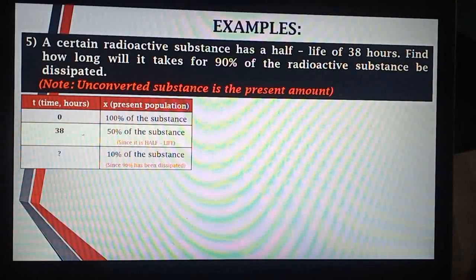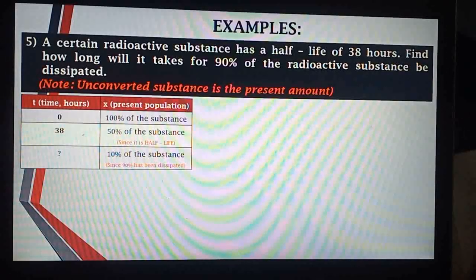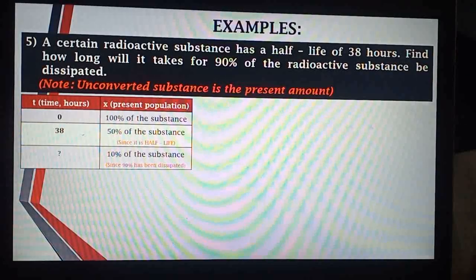So if your reference time is 0, obviously you have 100% of the substance. After 38 hours, when we say half-life, 50% of the substance has been converted or dissipated. So meaning to say, 50% of the substance is unconverted. Since 50% disappeared, obviously 50% remains.